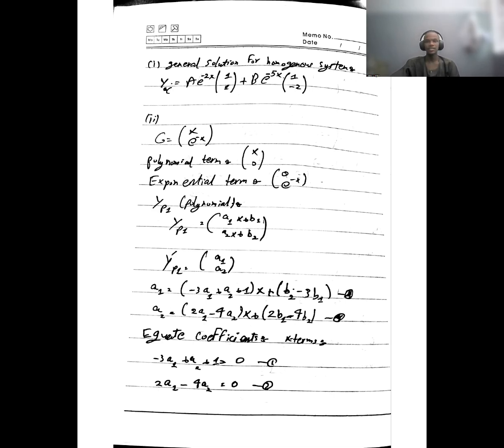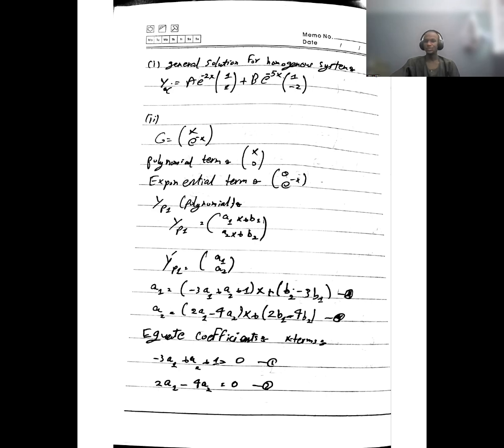Expanding, we have a equals negative 3ax minus 3b plus cx plus d plus x. Comparing coefficients for x terms, 0 equals negative 3a plus c plus 1, and for the constant terms, a equals negative 3b plus d.